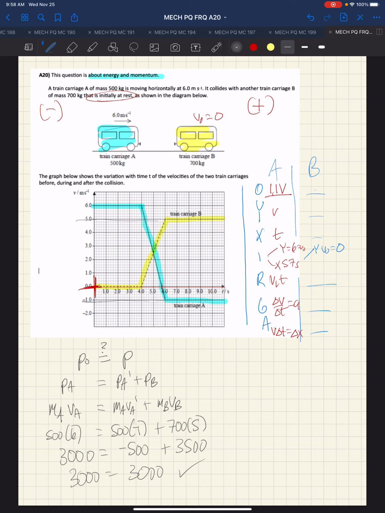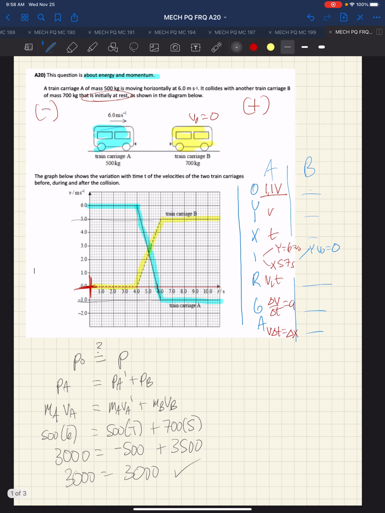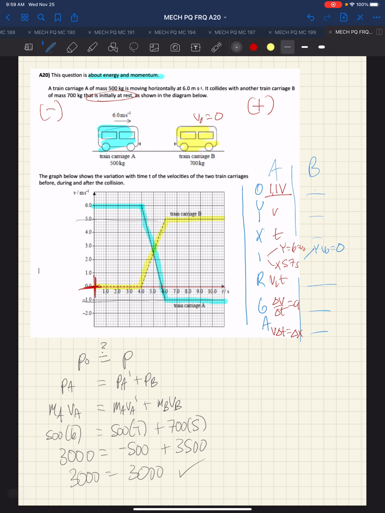So the total momentum is conserved, because P0 is 3,000 kilogram meters per second, and afterward, P is also 3,000 kilogram meters per second. So that is the first part.